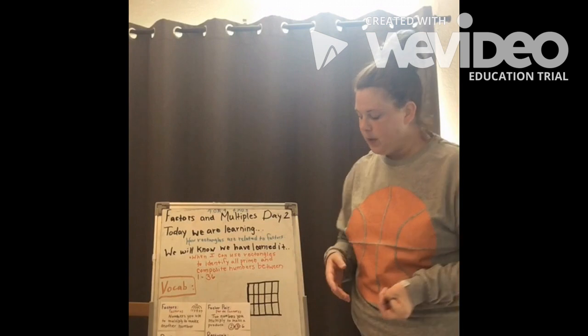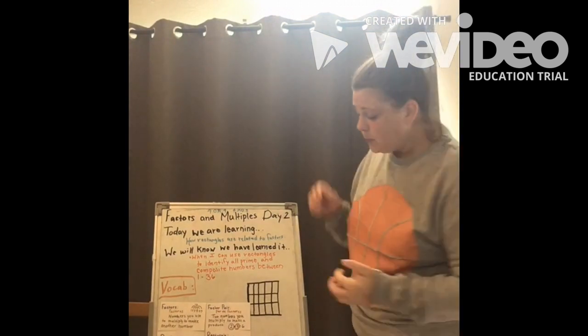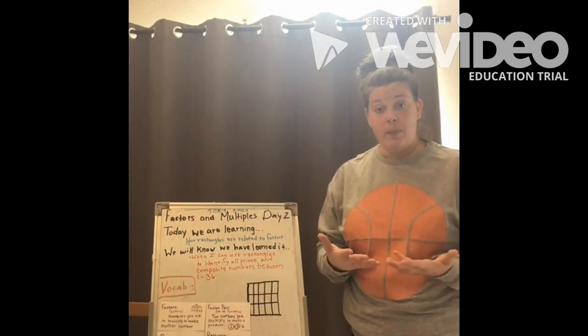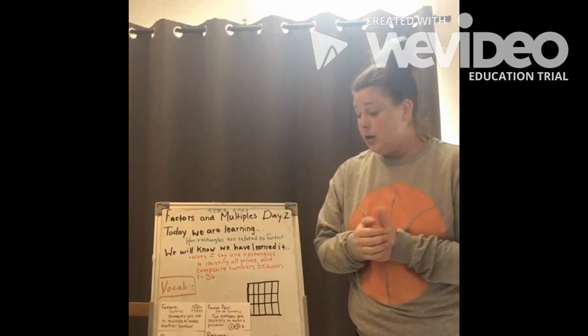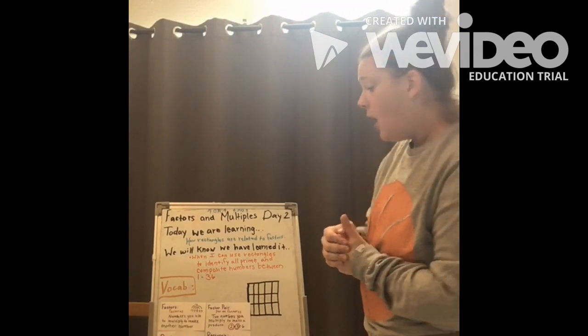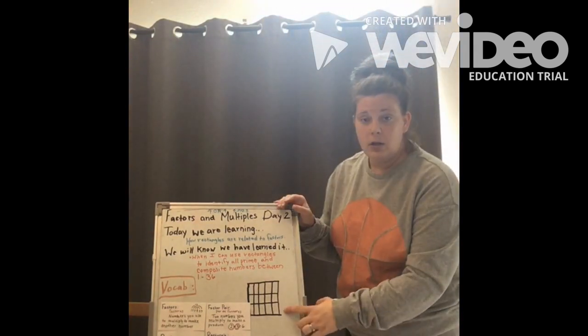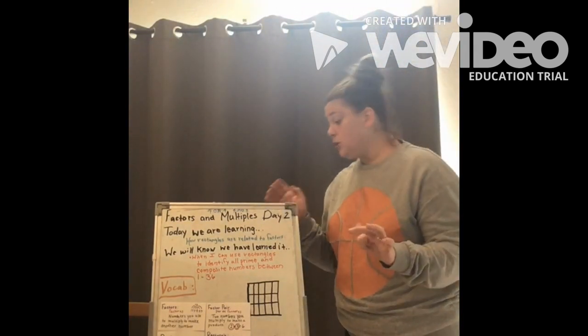A rectangle is a four-sided shape with one side longer than the other. This is an example of a rectangle. It's not a super obvious rectangle.